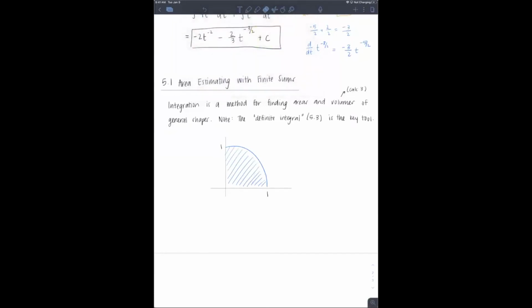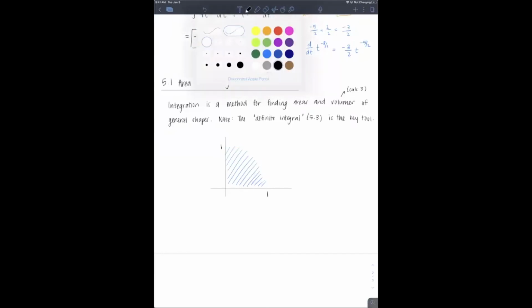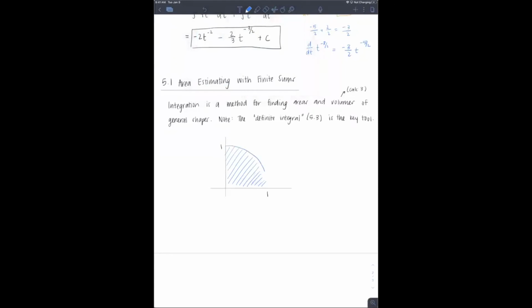It's not supposed to look like a circle, not a quarter of a circle. But here, there is no formula for finding the area of this.